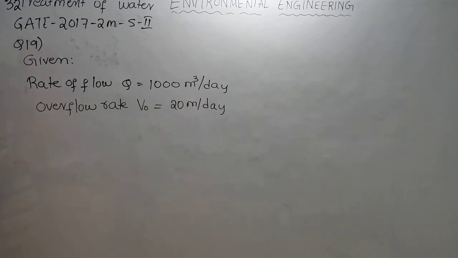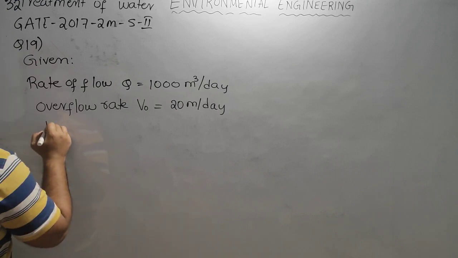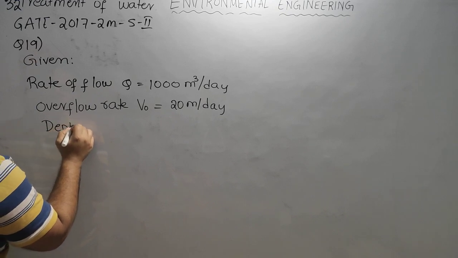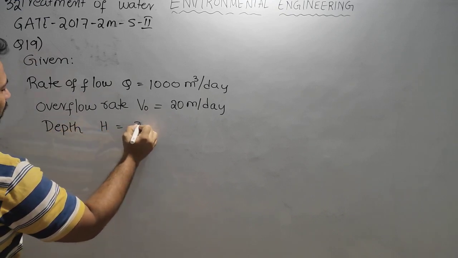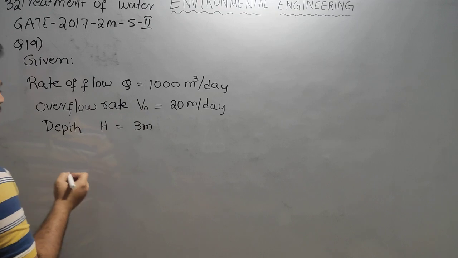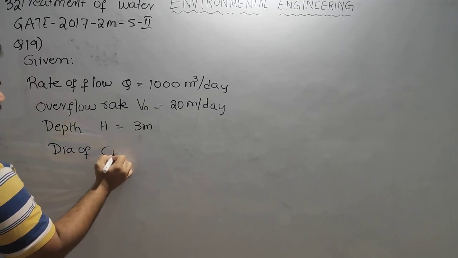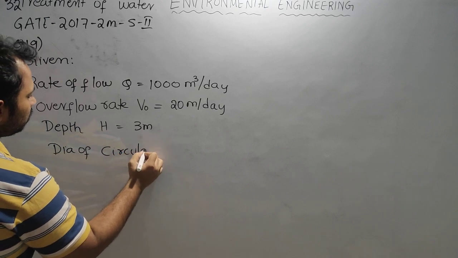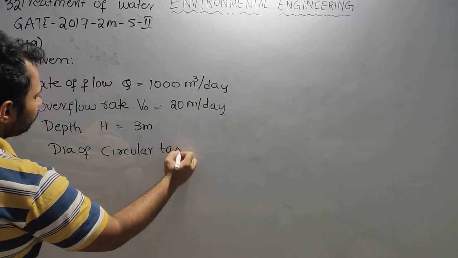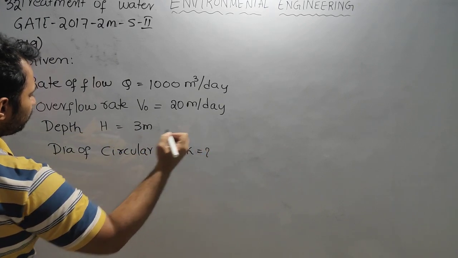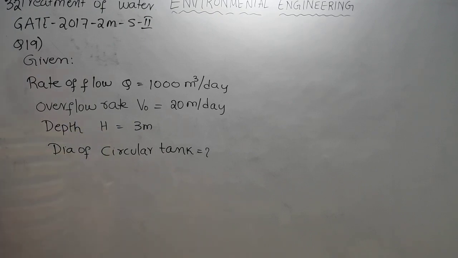Now depth is given, h is equal to 3 meter. He is asking what? Diameter of the circular tank is how much?